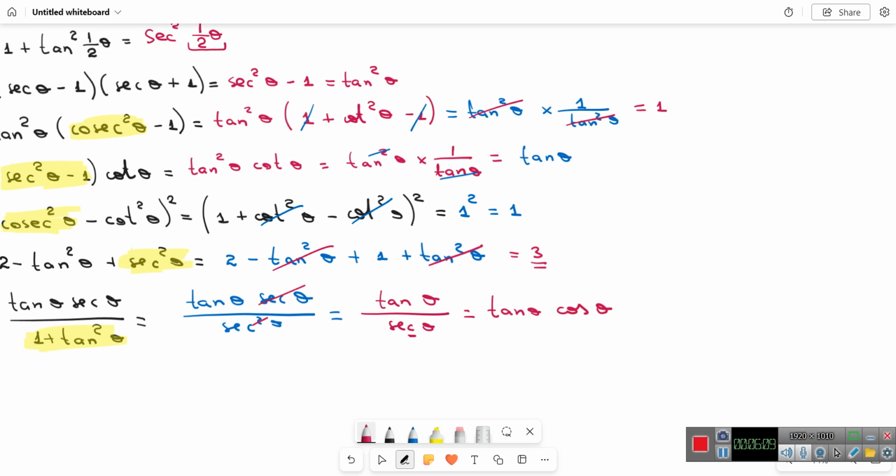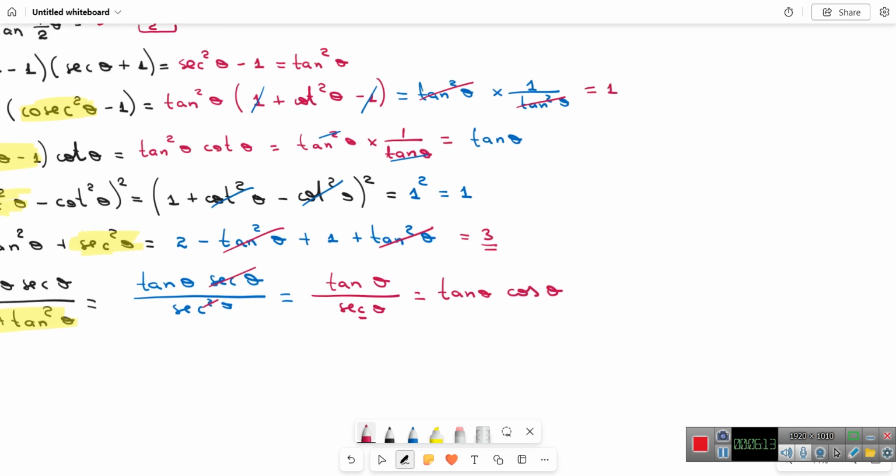Tan theta I can write as sine theta over cos theta, times cos theta over 1, which cancels down and leaves us with sine theta.